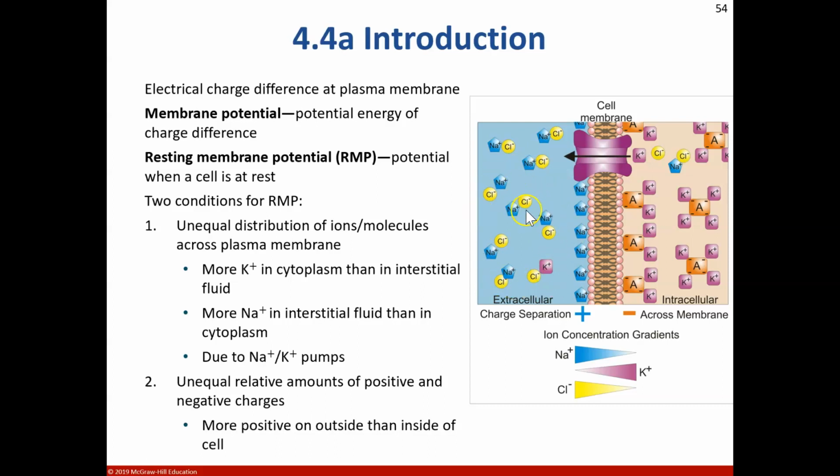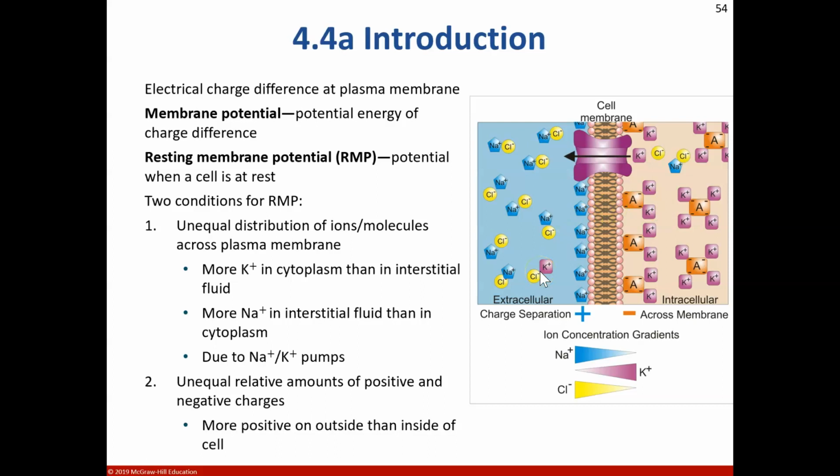And extracellularly, we're going to have more sodium. You can see this in the illustration down here showing our ion concentration gradients, that we have more sodium outside of the cell than inside of the cell. And this is all due to the sodium-potassium pump, which you don't see pictured here. If you remember from our previous section, we will have 3 sodiums pumped out of the cell and 2 potassiums pumped in. So it helps to maintain these ion concentration gradients.